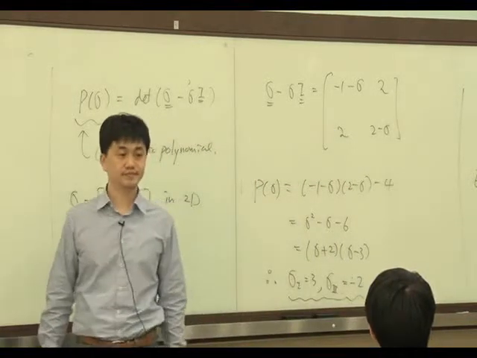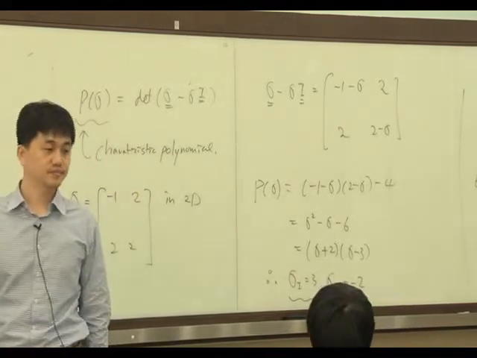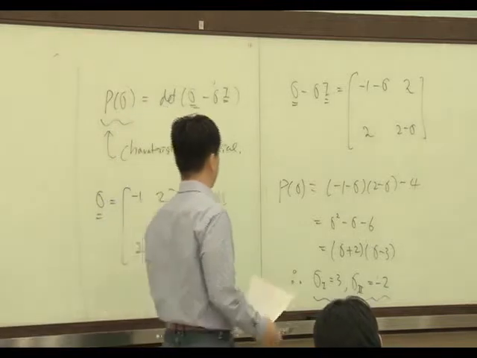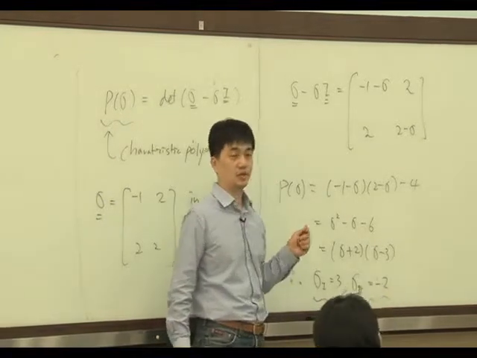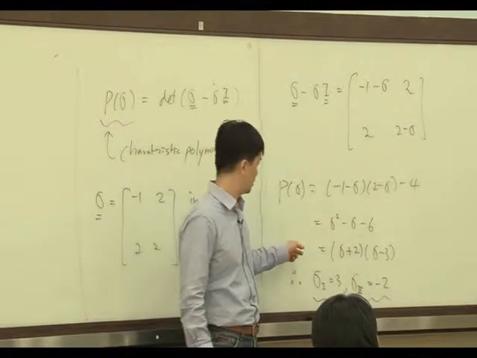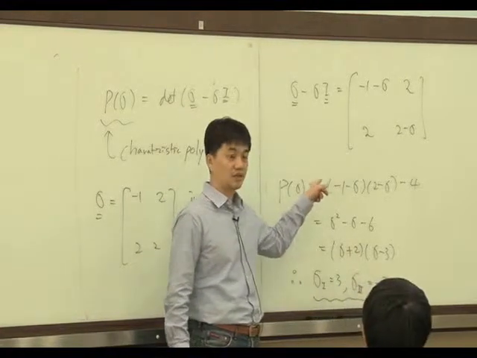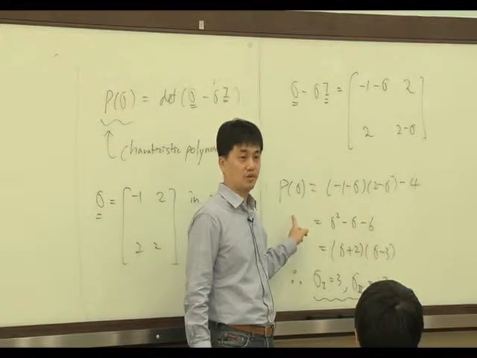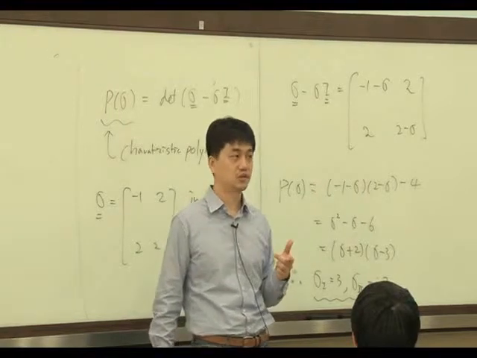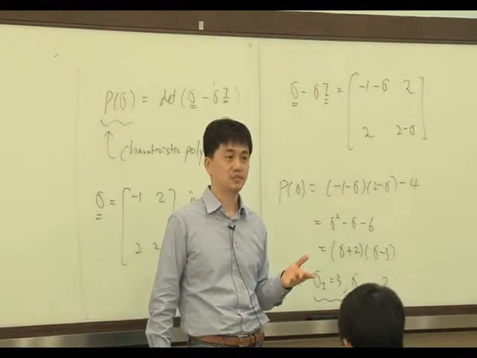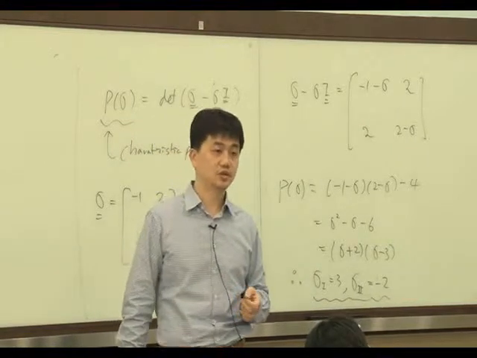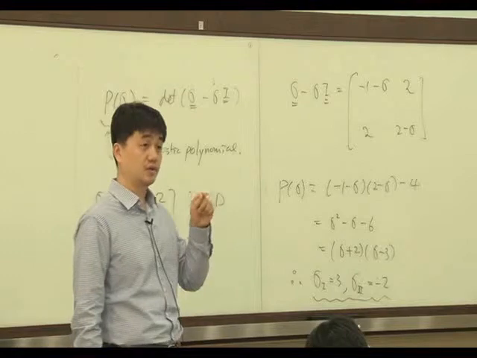Right? In the 3D case, this characteristic polynomial will be a cubic function. So in the general case, it's very hard to find the sigma which makes the characteristic polynomial 0, right? Then we need to use some numerical method, some searching method like the bisection method or the Newton-Raphson method, right? Then we can find the root.